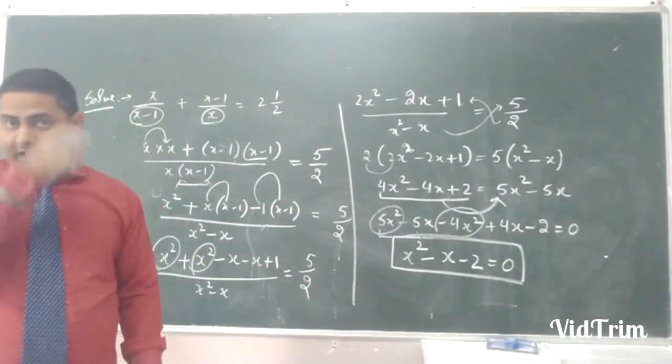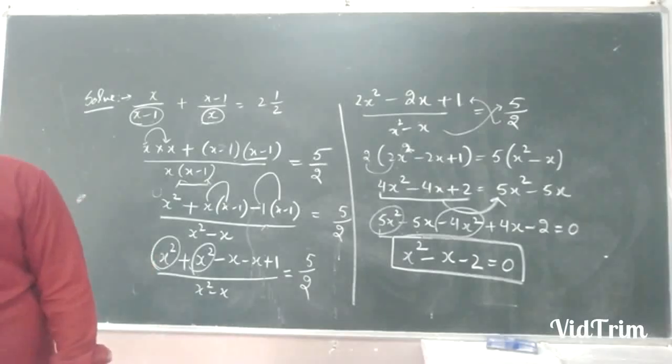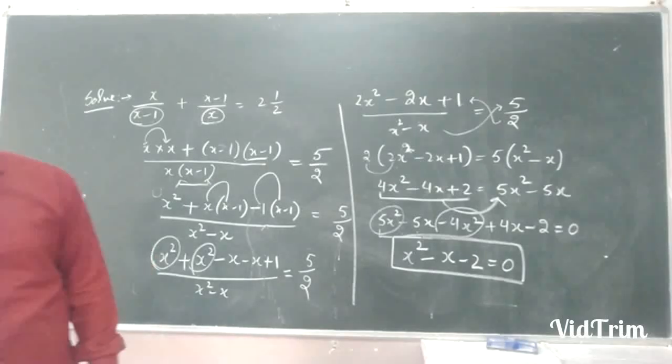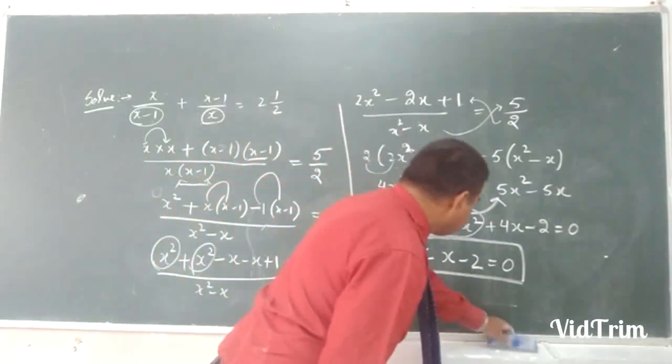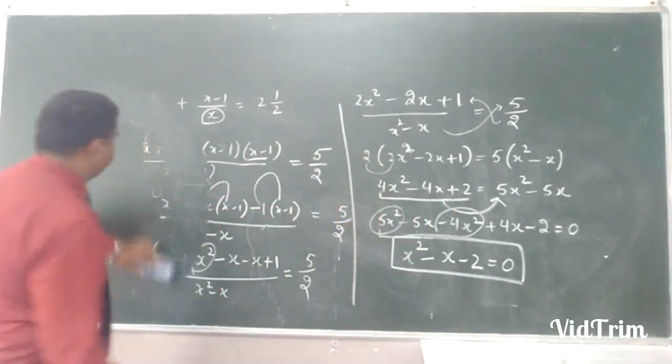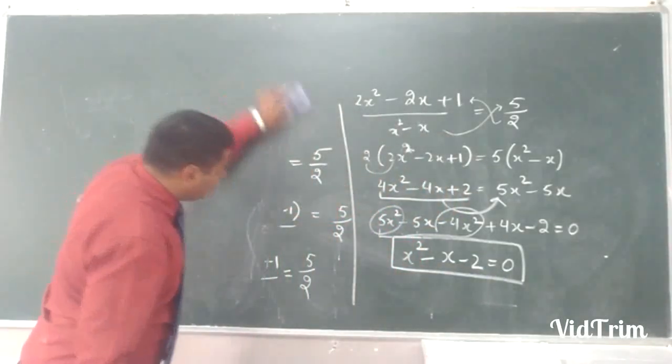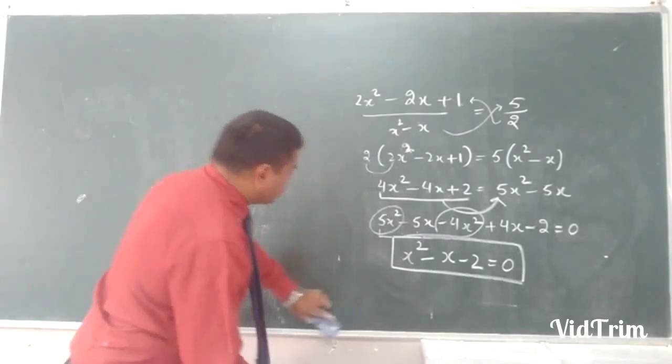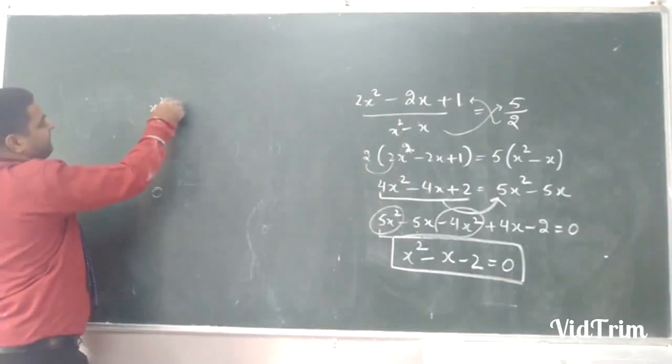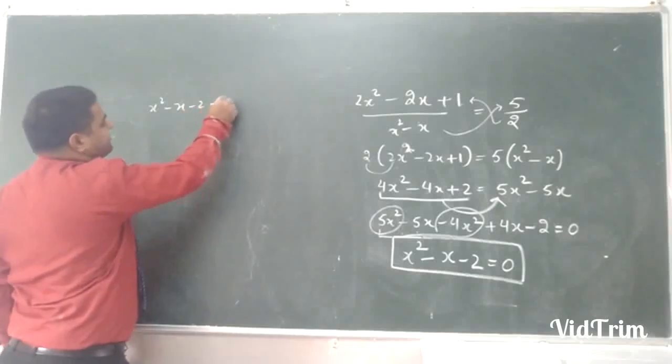So now we have to find the roots of the given equation, that is x squared minus x minus 2. So now we write this equation here: x squared minus x minus 2 equals 0.